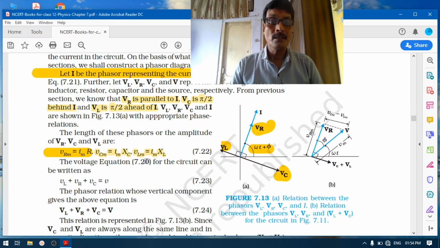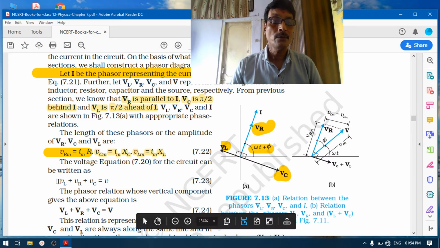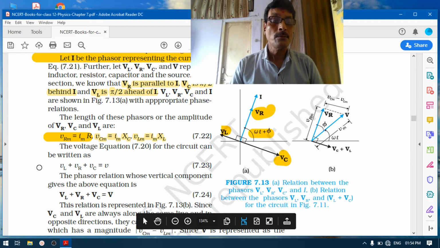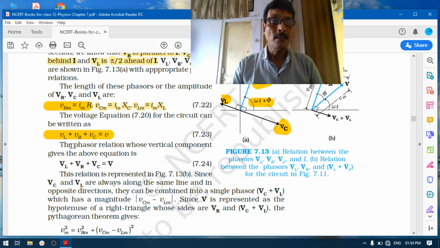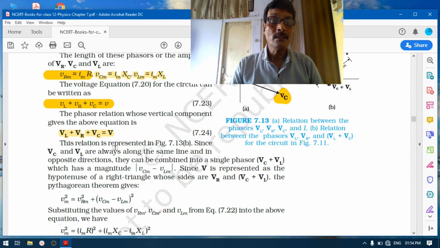The voltage equation for the circuit is written as the total voltage across the inductor, the voltage across the resistor and the voltage across the capacitor, and we add them to get the total voltage V. So the phasor relation, whose vertical component gives the above equation VL plus VR plus VC equal to V, is presented in figure 7.13b.